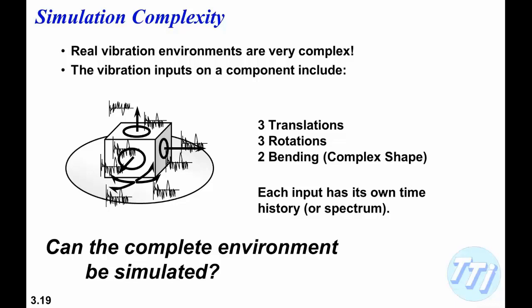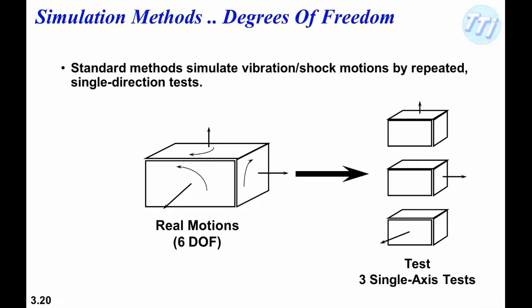But anyway, for the moment, what we worry about is that each of these inputs has its own time history and spectrum, and the question is can the complete environment, just the vibration environment, be simulated? So the standard method of simulating the vibration and shock motions is repeated single direction tests.